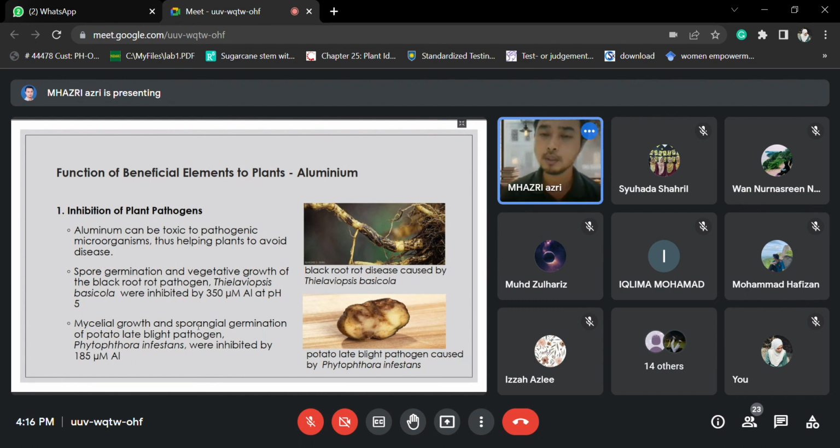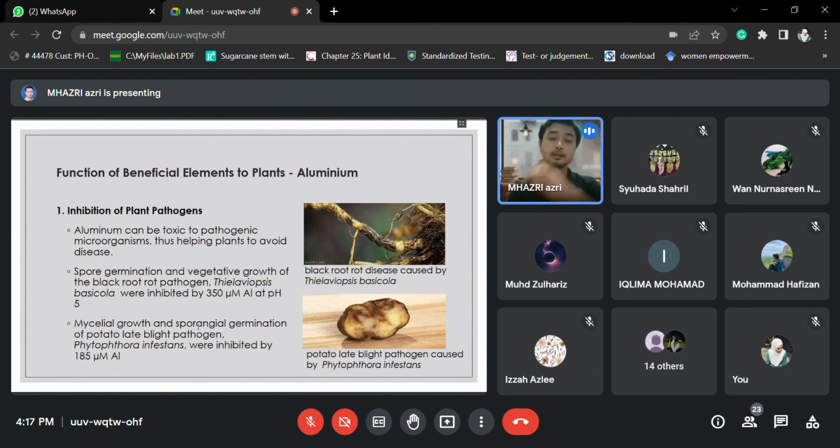Well, plants also are very sensitive to aluminium, but the sensitivity of these two pathogens is higher compared to the plants. So salah satu cara kita nak menghapuskan black root rot pathogen ni adalah dengan kita apply aluminium, tapi dekat lower concentrations lah. Sebab kalau high concentrations, it will also be toxic to the plant. So sama juga macam Phytophthora infection ni tadi.